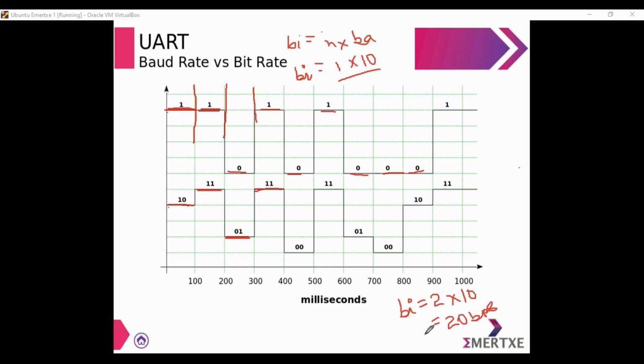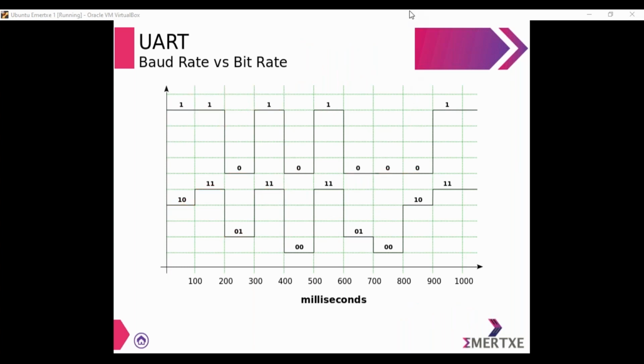Baud rate is 10 symbols per second, and the number of bits in each symbol is 2, so it is 2 multiplied by 10. Bit rate is 20 bits per second. So that is the difference between bit rate and baud rate, and the two devices should always agree to work with the same baud rate.